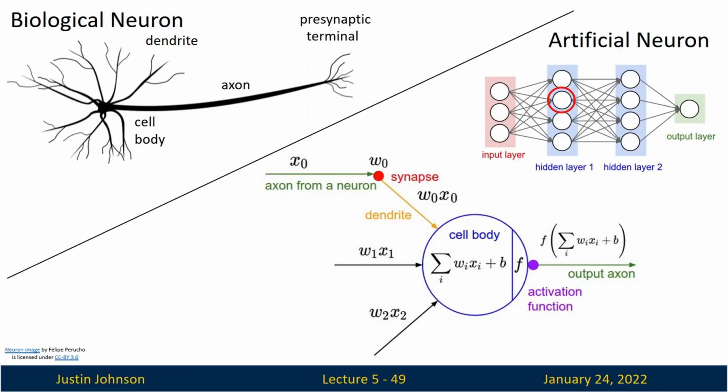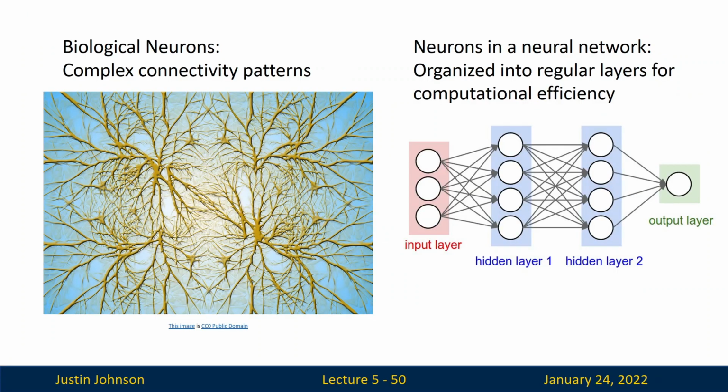So what I want to say is, our artificial neural network is an imitation of the real physical biological neural networks. And the biological neural network can be very, very complex. It's not just like our structure, layer by layer.